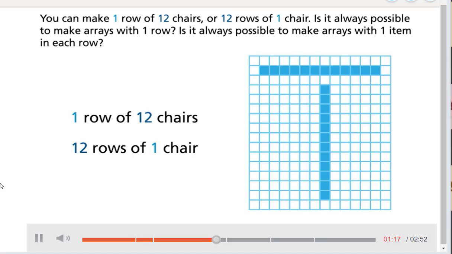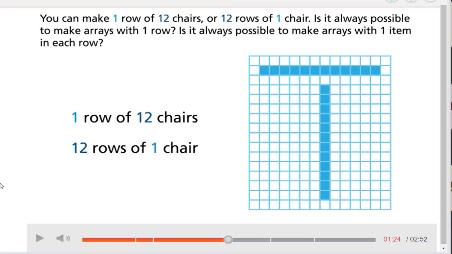Is it always possible to make arrays with one row? Is it always possible to make arrays with one item in each row? Alaa, do you think it's always possible? You can do one row, whatever the number I give you.